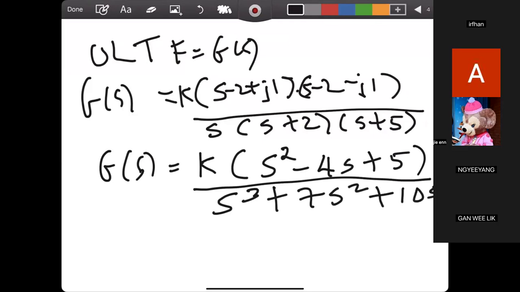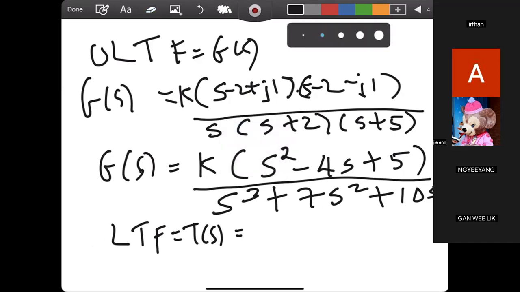Okay. And what is the open loop transfer function? Yes, doctor. Closed loop transfer function.